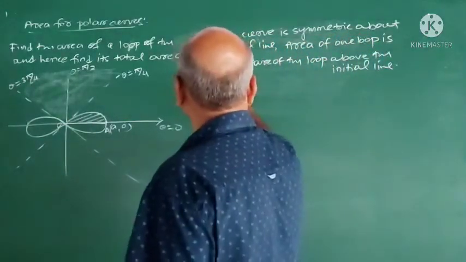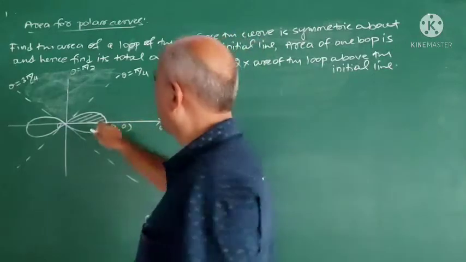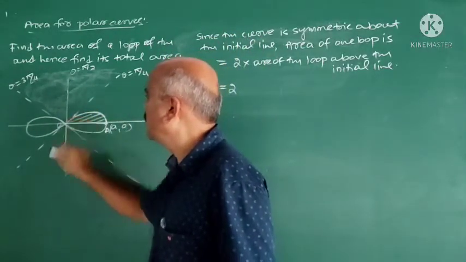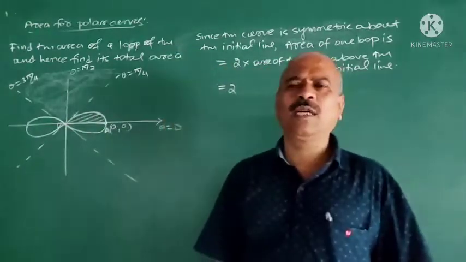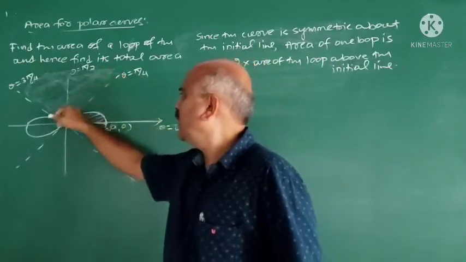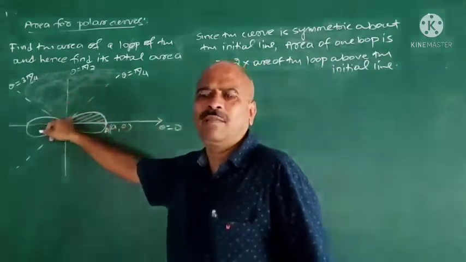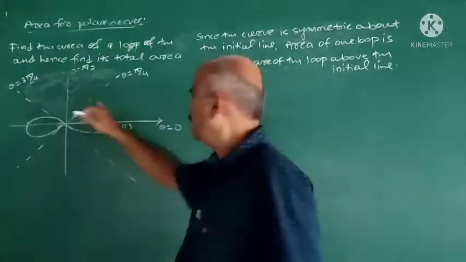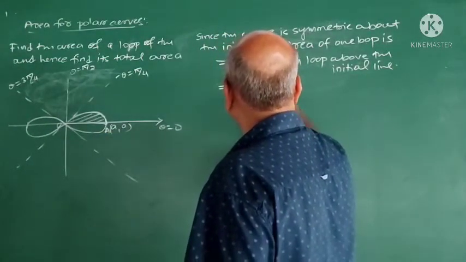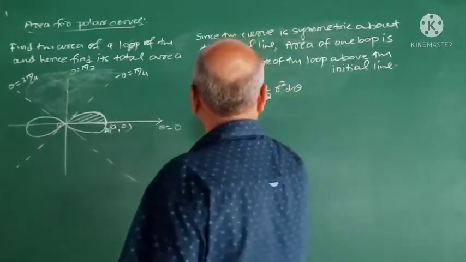It is therefore 2 into, for this region from this point to this point, what is the variation of theta? This is one line, theta is 0. The second line is this. What is this line? Theta is pi by 4. So the limits are 0 to pi by 4, 1 by 2 r square d theta.